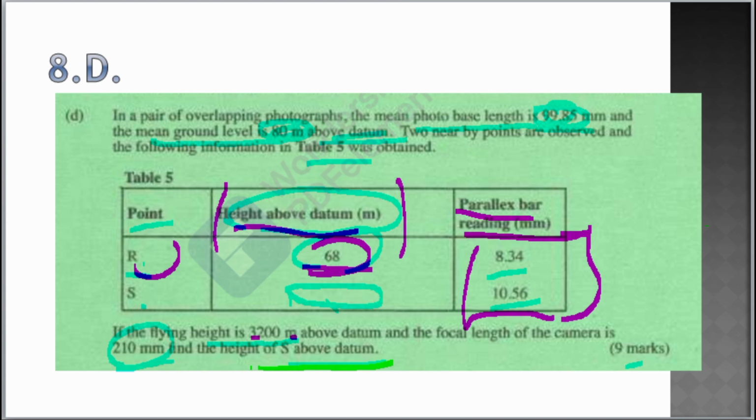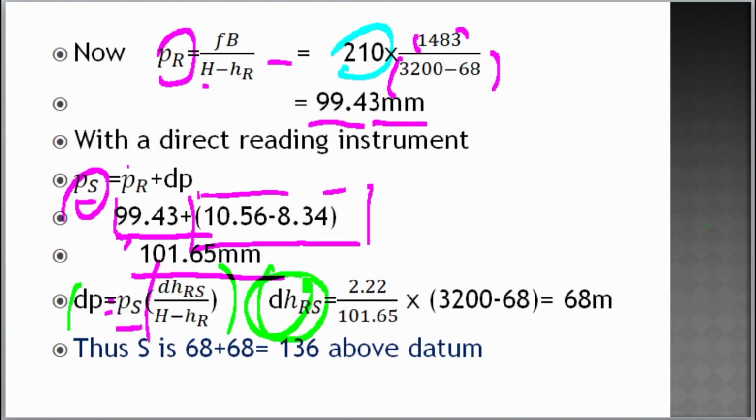First of all, I'm going to calculate the difference in the two heights. By substituting the values that we have here, subtracting, that will give me 2.22, that is the dp here, and our parallax at S, which we have already calculated as 101.65.